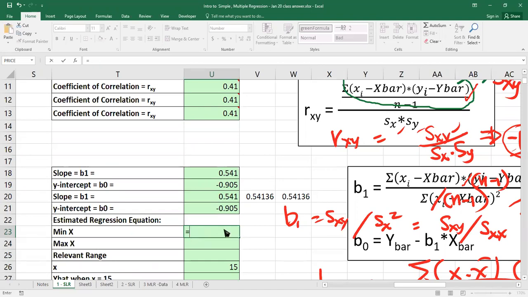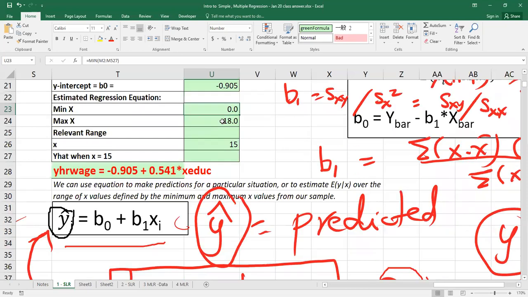Is equal to min of x, is equal to max of x. Okay, ang minimum value natin sa x is 0. Ibig sabihin there was a respondent there with 0 education, 0 years of education, and then ang maximum natin 18.